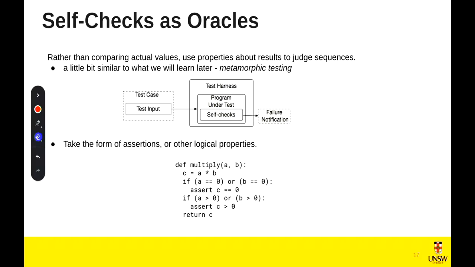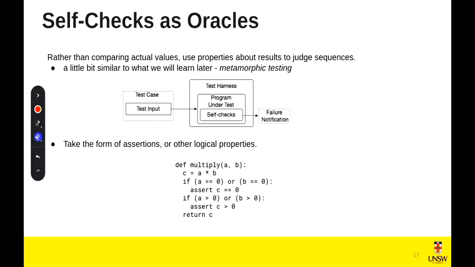For example, in this multiply function here, normally the implementation is just we calculate the multiply of A and B and return the result. But what we can do is add some self-checks which are applicable regardless of the test inputs. For example, any integer multiplying 0 will end up in 0. So we can add an assertion according to this property.